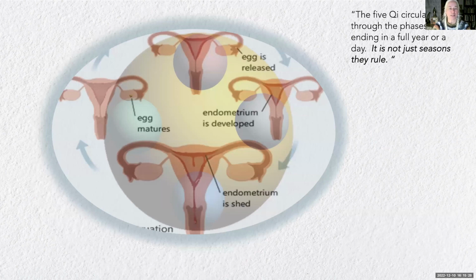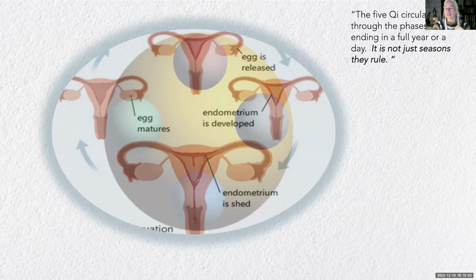So here's one cycle where going up on the left, there's the birth of an egg, and the egg matures to the point that it's released, like the fruit on a tree matures to the point of ripeness, and then it starts to disintegrate, just like the endometrium breaks down, and then there is completion.